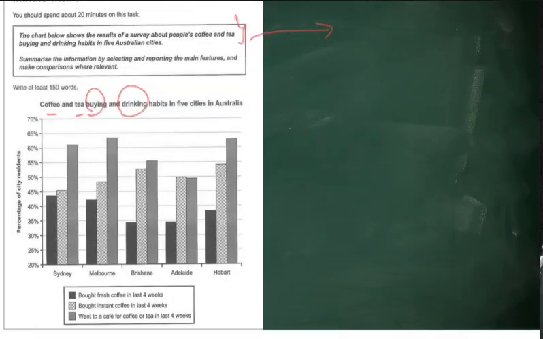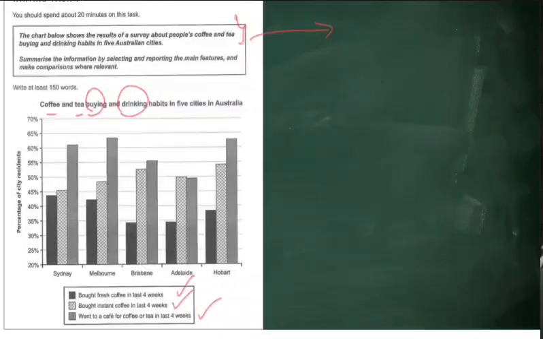And there are 3 patterns when it comes to it. There's fresh coffee bought in the last 4 weeks. There's instant coffee bought in the last 4 weeks. And there are those people who have visited a cafe for coffee or tea in the last 4 weeks. So we have these 3 indications.